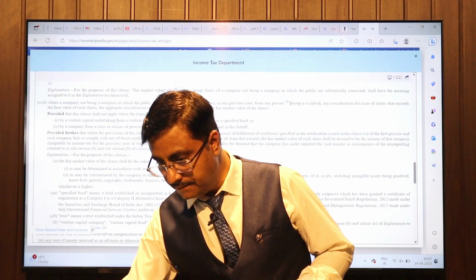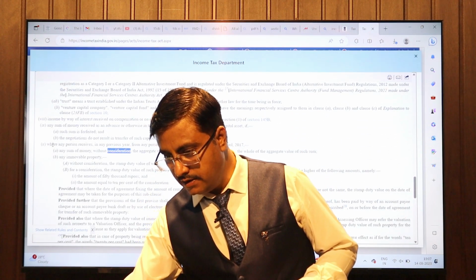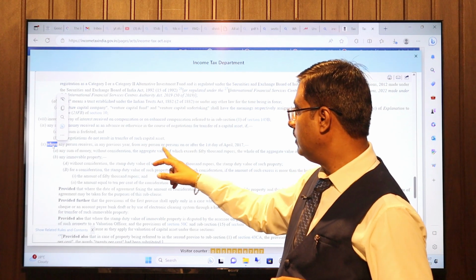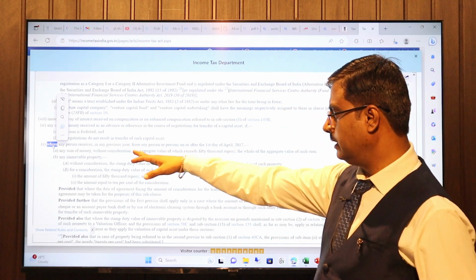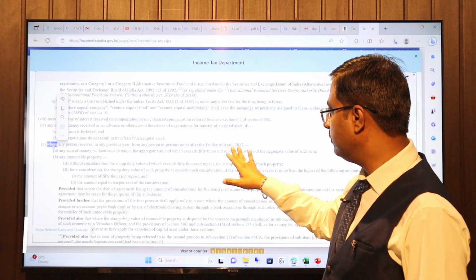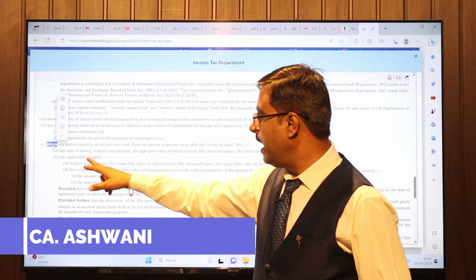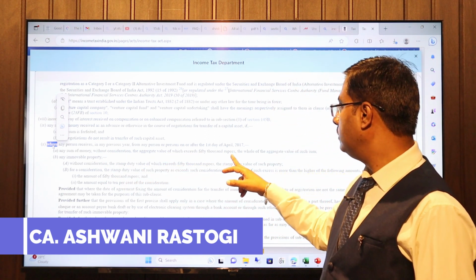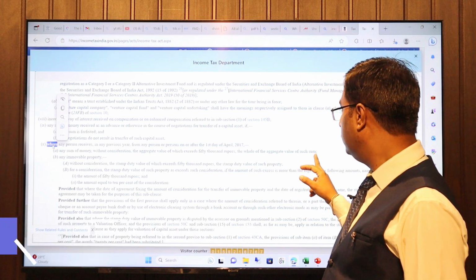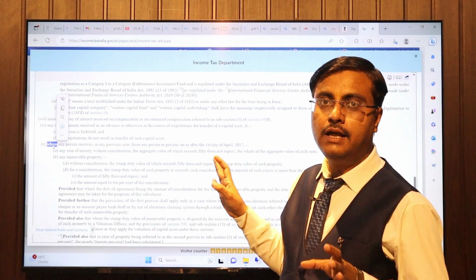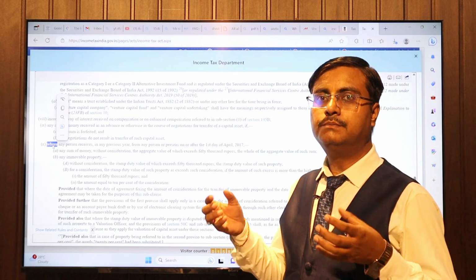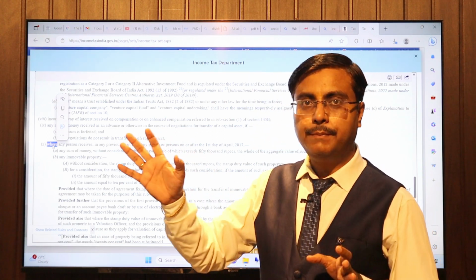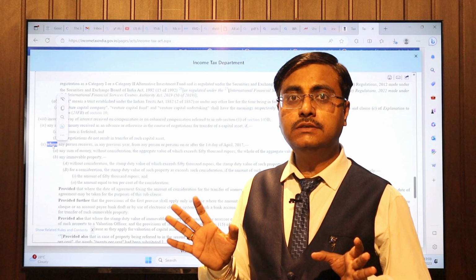Clause 10 says where a person receives, I am a resident, from a person on or after 1st April 2017, any money or property without consideration, the aggregate value of which exceeds 50,000, the whole aggregate value shall be taxed as a notional income in the hand of the receiver buyer as income from other sources, since you are buying share at 1,000 but the fair market value is 5,000.